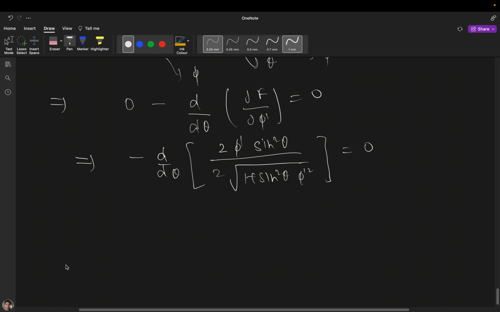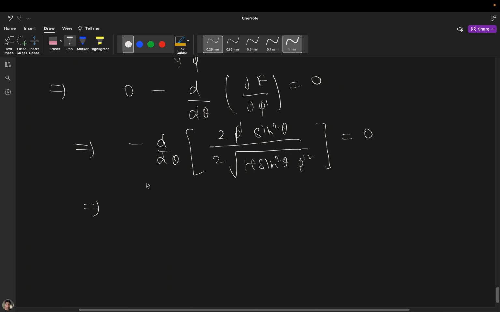Again I will directly integrate and not differentiate here, because when you differentiate, this expression will become lengthy and you would again have to integrate it, which would be a kind of stupid thing. So I will integrate both sides.